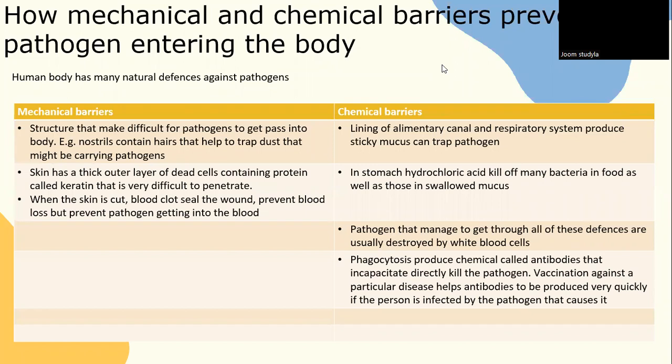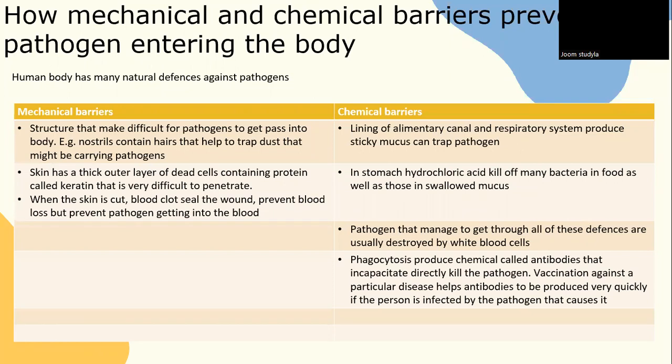How do mechanical and chemical barriers prevent pathogens entering the body? The human body has many natural defenses against pathogens. Let's look into the mechanical barriers, the structures that make it difficult for pathogens to get into the body.